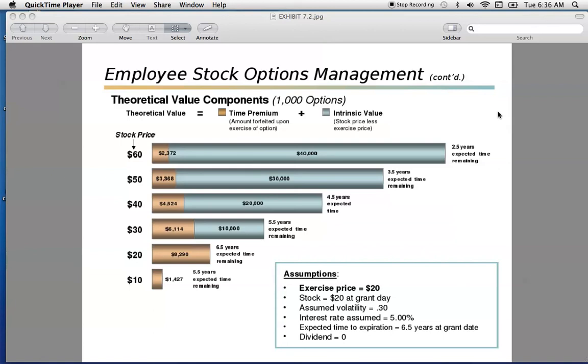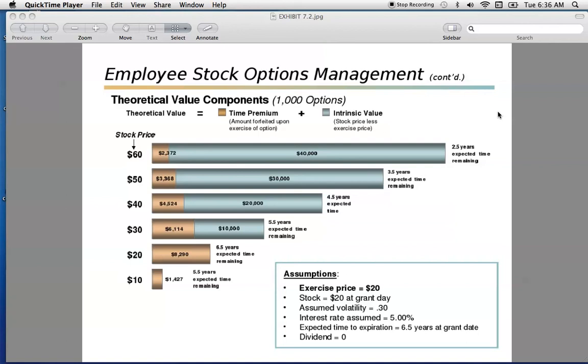Okay, now if indeed you held these options and you were very fortunate enough to have the stock go up 100% after maybe 2.5 years, 3 years, and you still have 4.5 years expected time remaining, because remember, we started off with 10 years of contractual life.